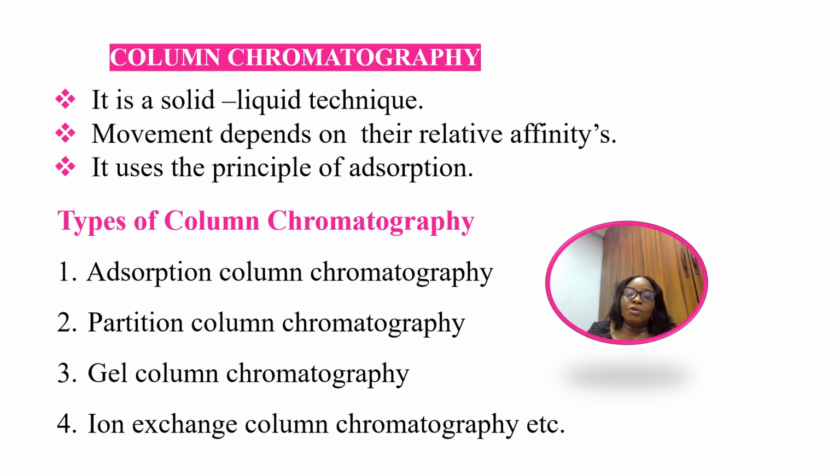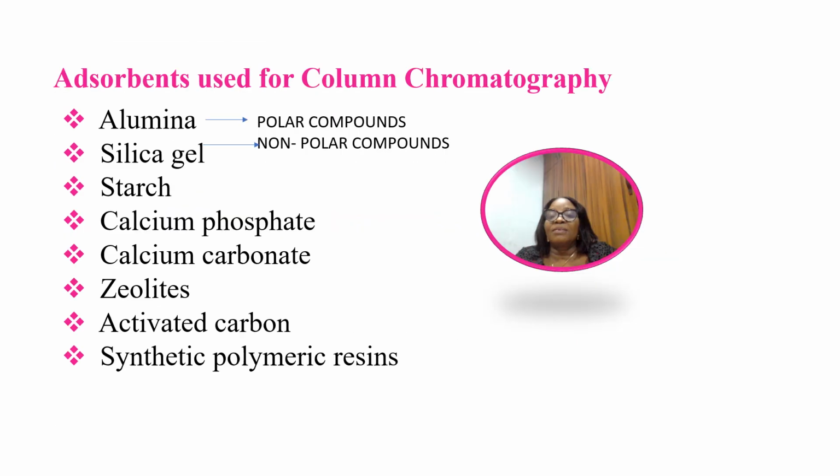In partition column chromatography, the stationary phase as well as the mobile phase are liquid. In gel column chromatography, the separation takes place through a column packed with gel. In ion exchange chromatography, the stationary phase is an ion exchange resin. But for the lecture today, we will be interested in adsorption column chromatography.